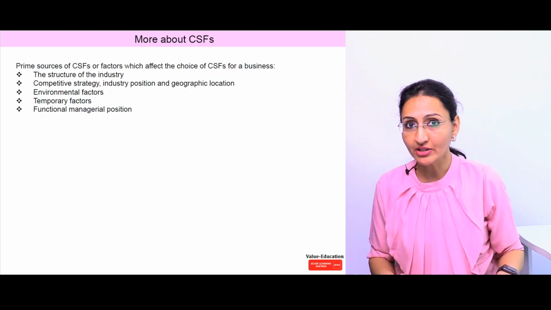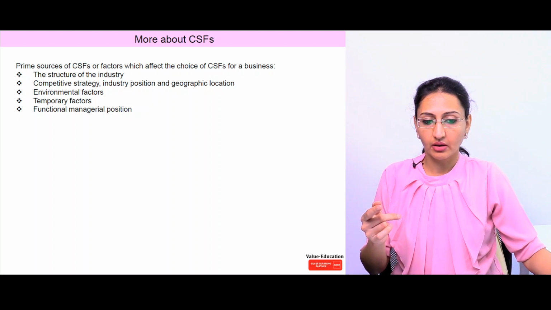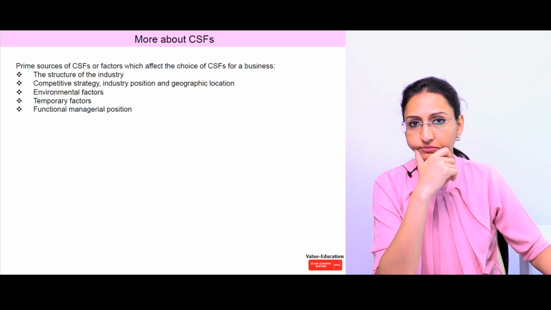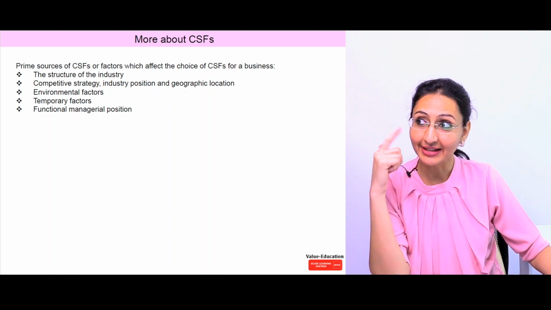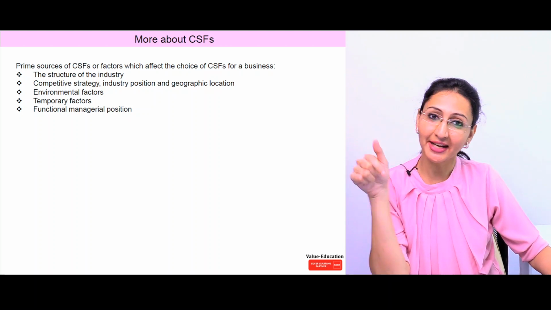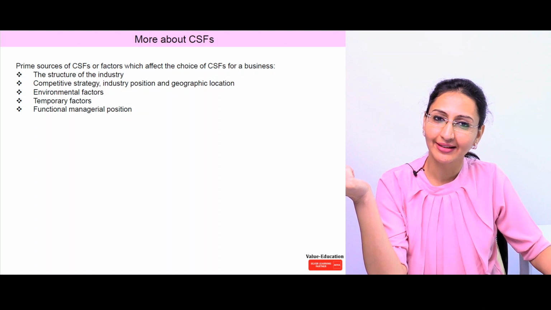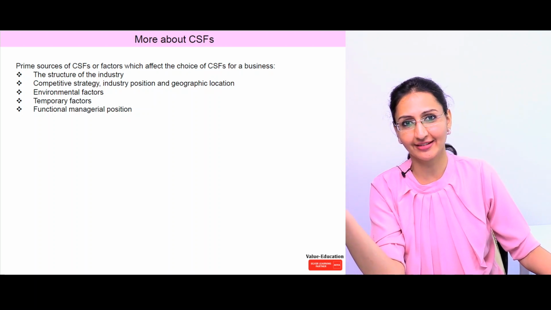Then functional managerial position. With every function, the critical success factors also change. For the marketing manager, his critical success factor is selling as many units as possible. For the production manager, low cost, highest possible quality. That's his critical success factor.